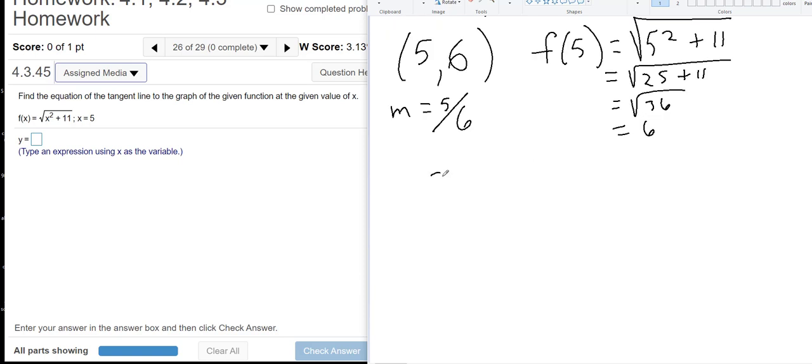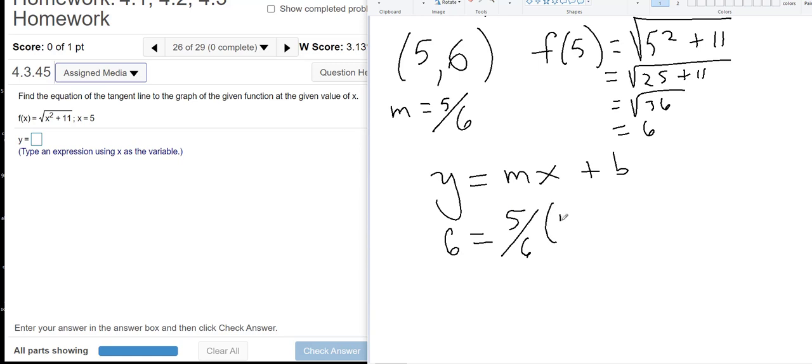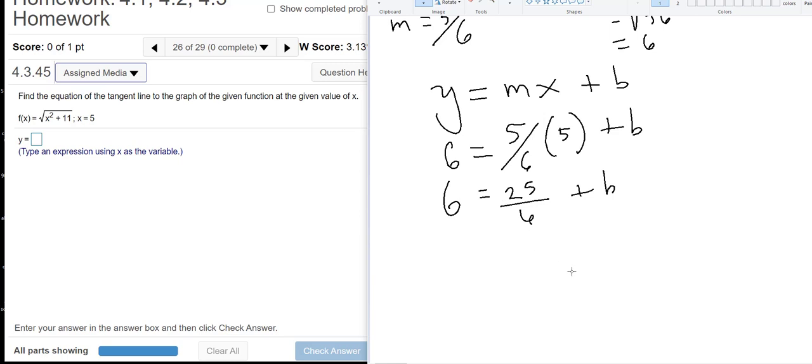So now we're going to use y equals mx plus b. We're going to sub in what we know. 6 equals 5/6 times x, which is 5, plus b. So 6 is 25 over 6 plus b. And to solve for b, we need to move the 25 over 6 to the other side by subtracting it from both sides.